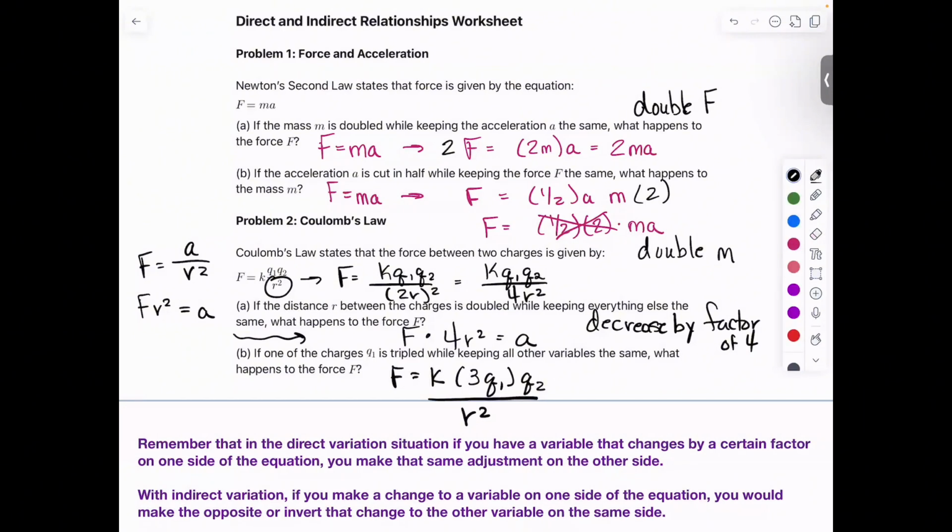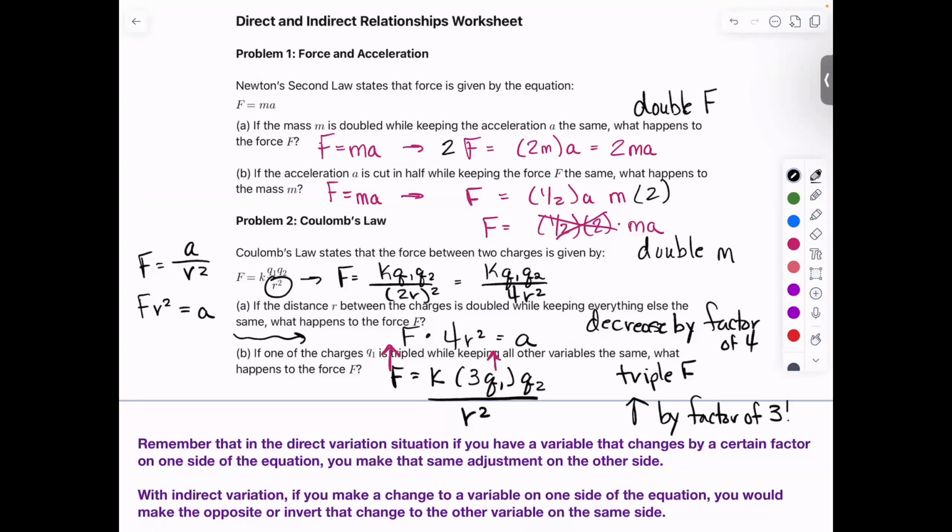Sorry about that. So we're not doing anything with K or Q2 or R squared on the bottom. We're just saying, all right, we'll take Q1 and we'll triple its value. So when we know it's a direct variation, again, if we have an increase up here, we also have an increase over here. So if we increase Q1 by a factor of 3, we would also increase force by a factor of 3. So we could say triple F, or increase, I'm just doing shorthand here, increase by factor of 3.